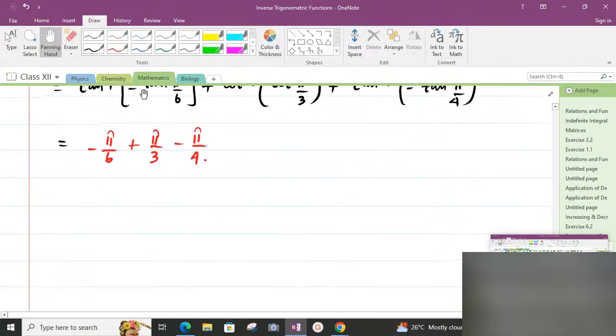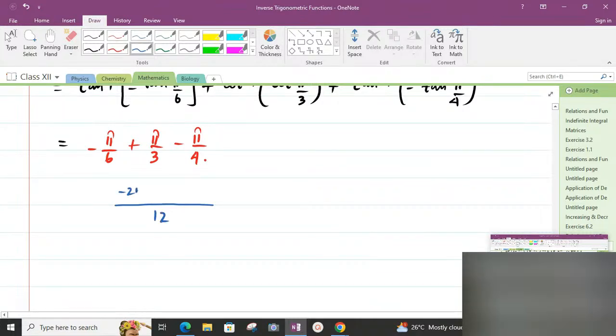Now we take LCM. LCM here will be 12, so here will be minus 2 pi plus 4 pi minus 3 pi. So here will be minus 5 pi plus 4 pi equal to minus pi by 12. So this one will be the answer. Hope there is no problem to understand this solution. If you have, write into the comment box.